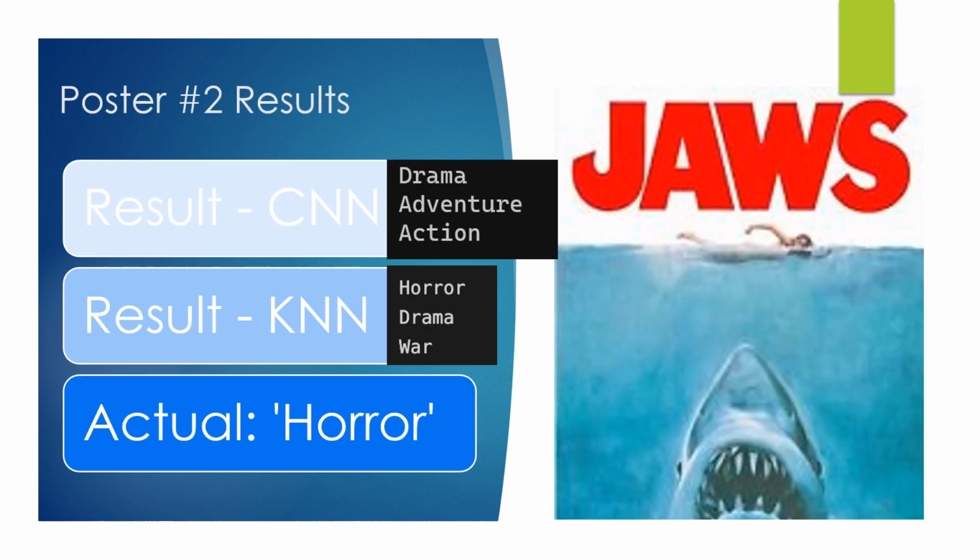For poster number 2, we actually see KNN outperform when it can categorize horror correctly as a first choice, while for CNN, it put drama, adventure, and action as its top choices, and none of them match the actual category, which is horror.